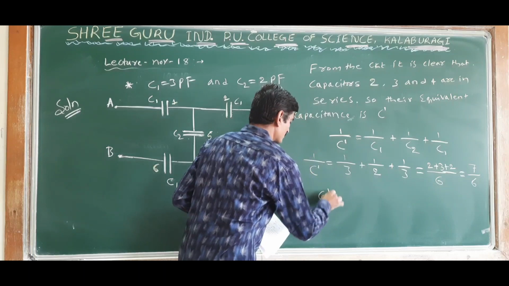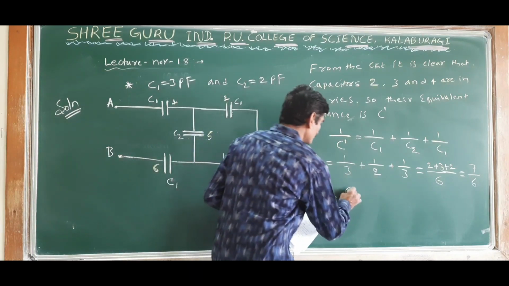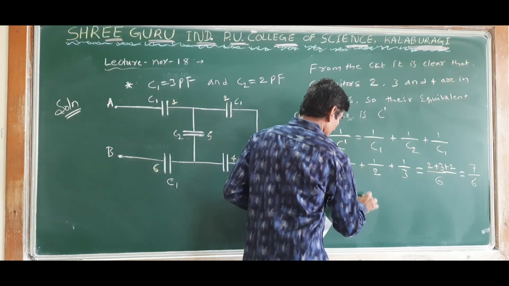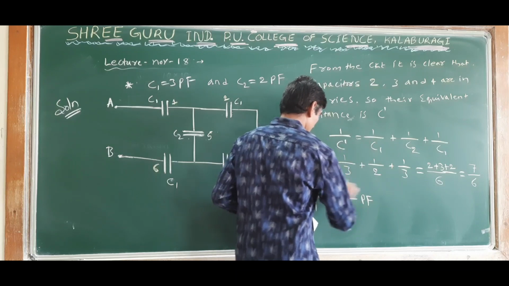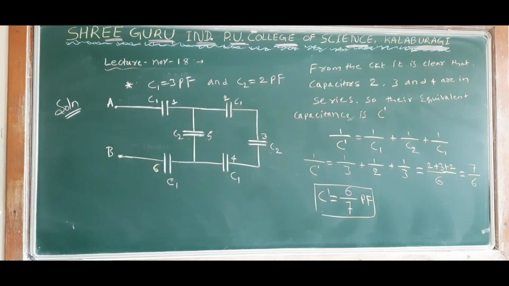So C dash is equal to 6 divided by 7 picofarad. Now I'll redraw the circuit.